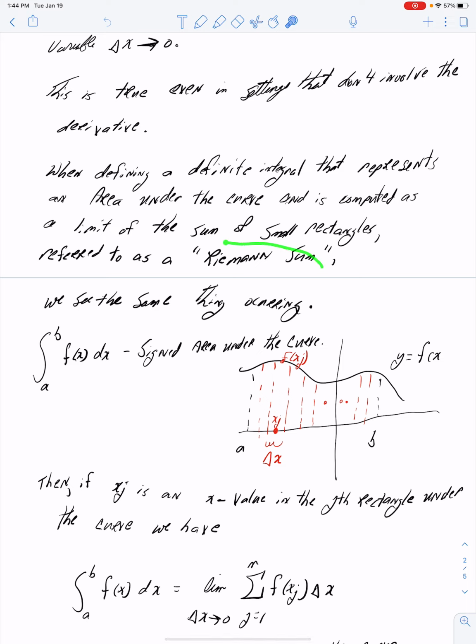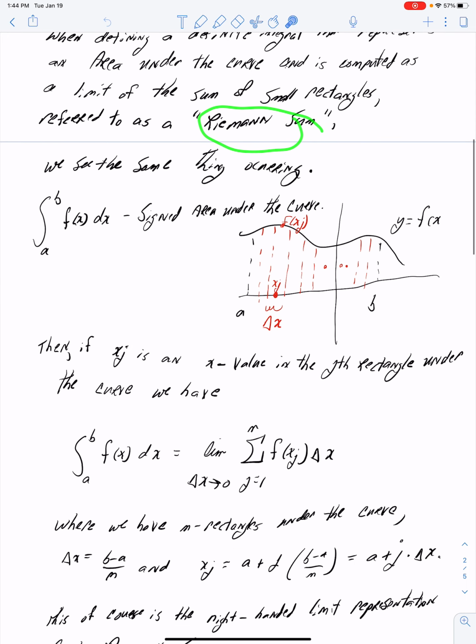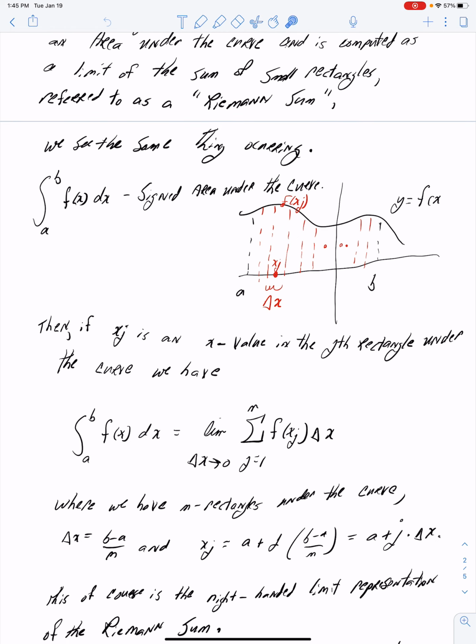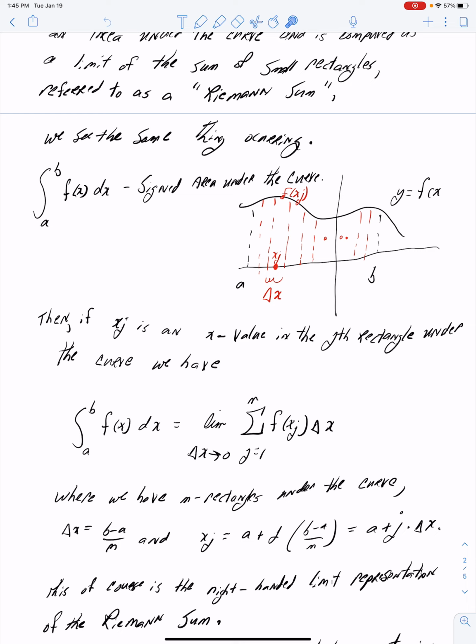It's called a Riemann sum. So the integral from a to b of f of x dx is really the signed area under the curve. And I say signed because why? If the function is under the x-axis, it computes the area negative. If it's on top of the x-axis, it computes it as positive.